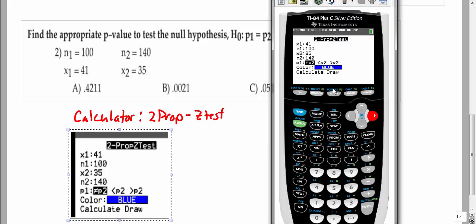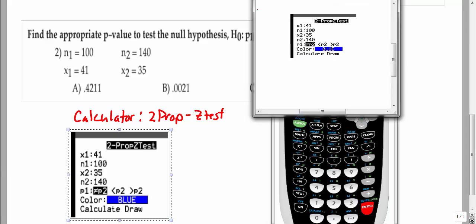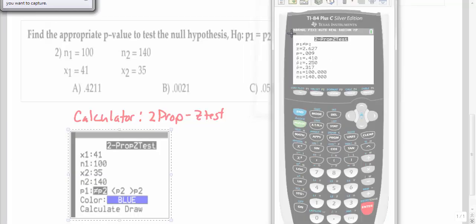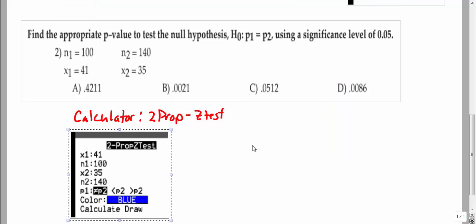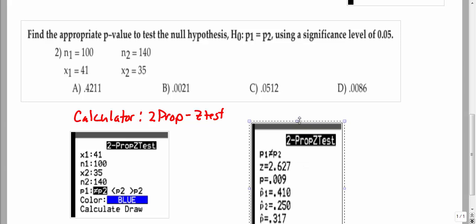And then, once we hit calculate, let's look at our summary values. Now this problem is asking for some other pieces of information. They want the p-value. The last one was the test statistic. This one's asking for the p-value.